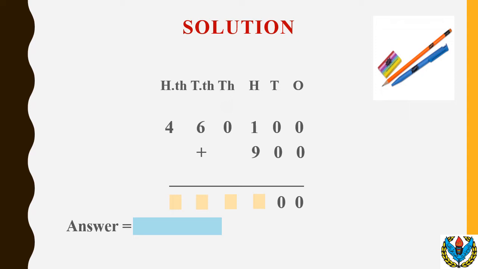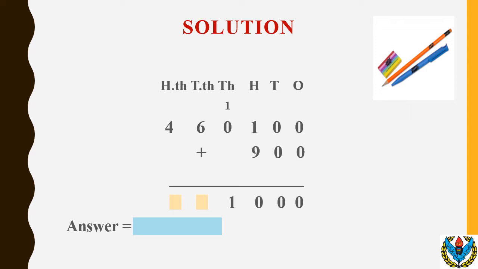Next, in the hundreds place, the numbers are 1 and 9, and 1 plus 9 is equals to 10. We will write 0 after 10 in the hundreds place, and 1 will be given as the carry to the thousand. Now 1 plus 0 is equals to 1.